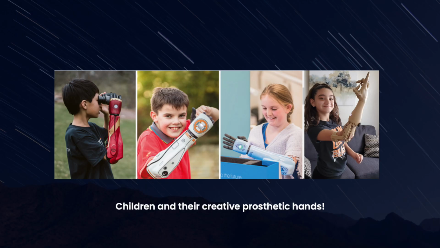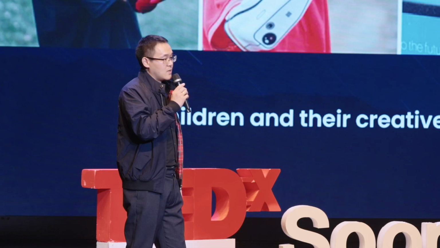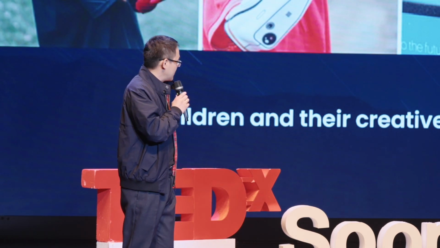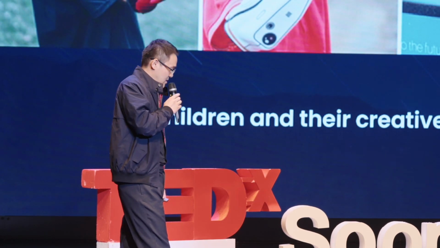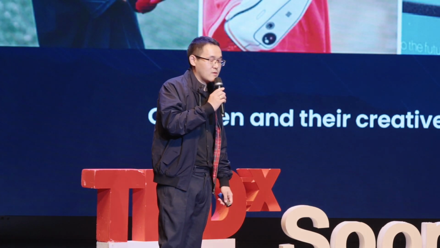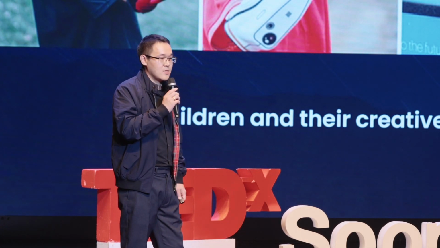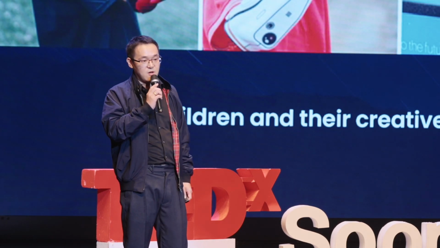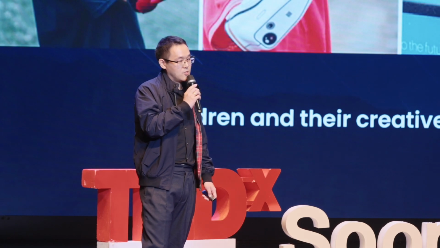And for our children, not only can they get more opportunities, but they may have a more positive life. Children with a missing hand get a prosthetic hand created in the style of their heroes and heroines, to let them know that in the world anything could happen.